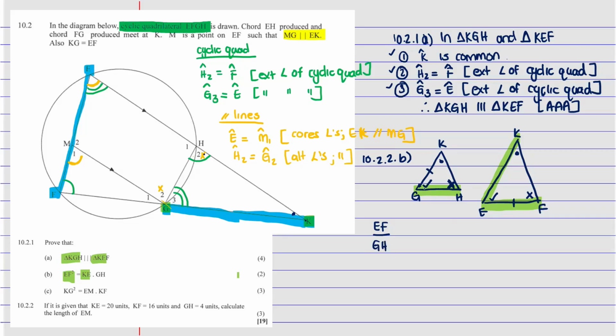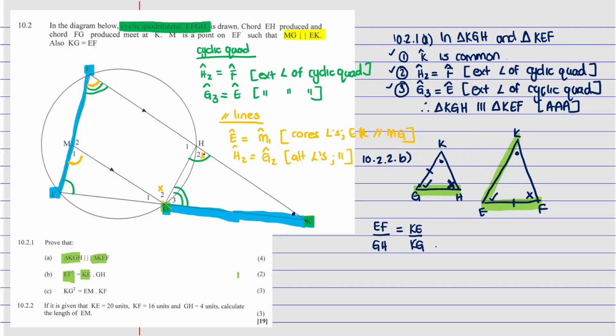So we have an X and a tick, and that is going to be equal to what? We're going to match it up on the big triangle, the other side that we highlighted. What did we highlight? We highlighted KE. What is KE related to? In our case, KE is related to this side, which is a dot and a tick on the small triangle, which is KG.